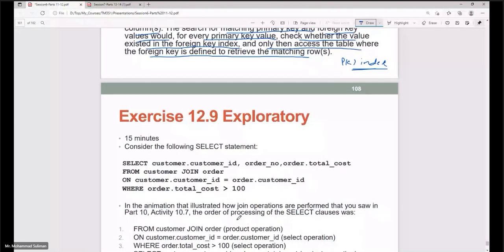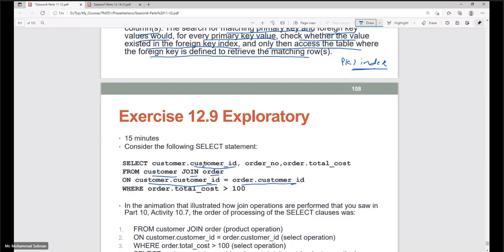How will indexing help in joining the tables? For example, in a customer table, I use customer ID, and in an order table, I use customer ID as an index, right? So using the index, we write: from customer join order on customer.customerID equals order.customerID.